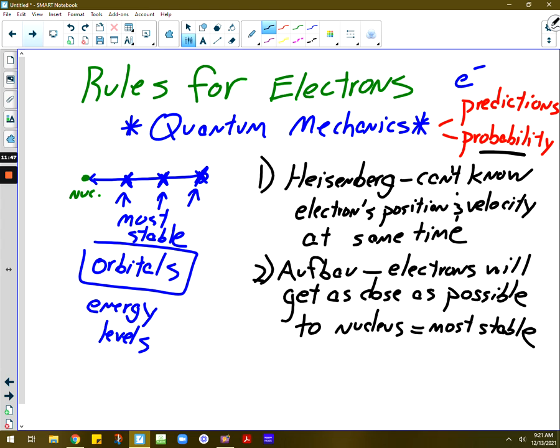So, if here's the nucleus, and an electron had to choose between position A, position B, or position C, where does it want to be? It wants to be at A. It wants to be as close as possible. Now, what if there's already electrons there? Then it's going to go to the next one up. Exactly. It's going to get as close as it can without other electrons pushing it away.